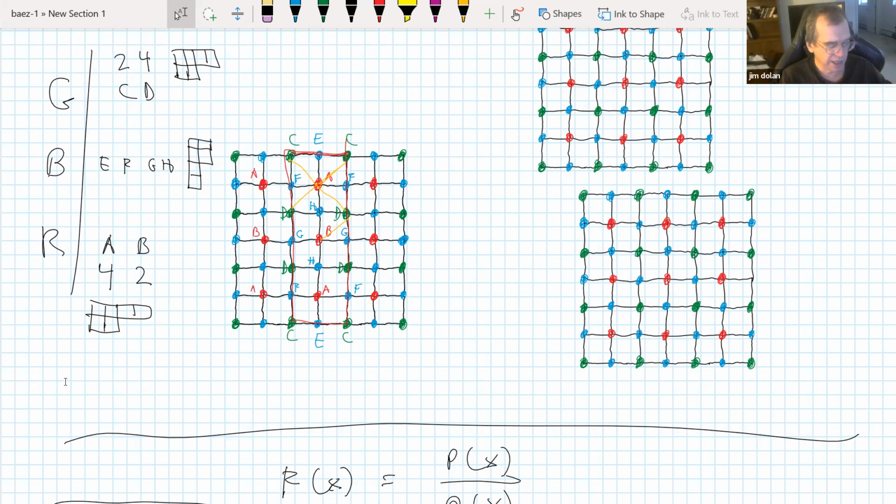There's a covering projection here, a wrapping or an unwrapping. The unwrapping has the upstairs and the downstairs. The upstairs is the unwrapped thing, and the downstairs is the wrapped up thing.